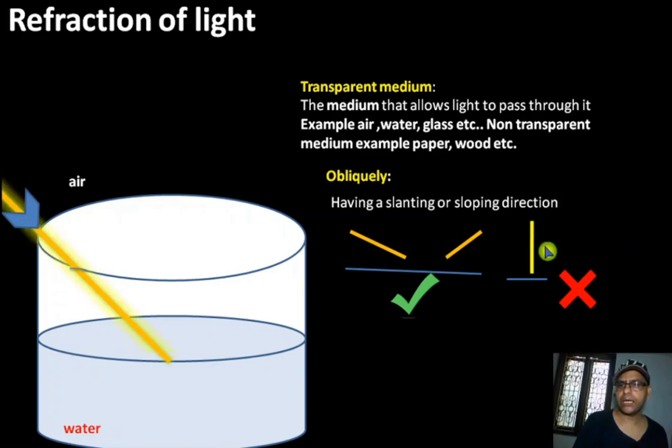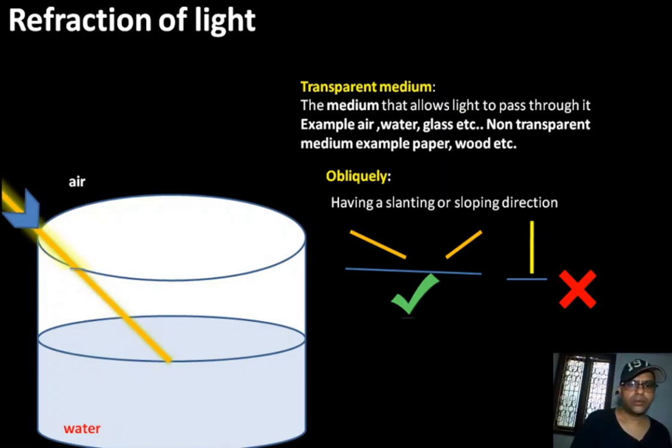Whereas here, the line is entering not obliquely, it is perpendicular to the surface. So here, these two lines are entering obliquely. The same way, a ray of light is entering obliquely or at an angle, not perpendicular.